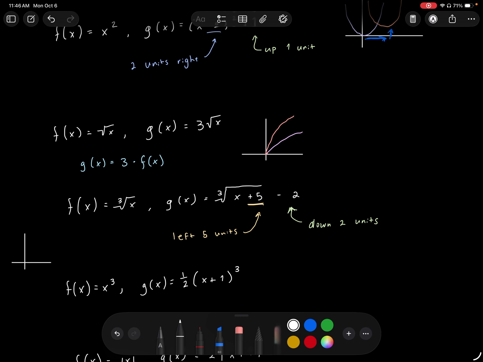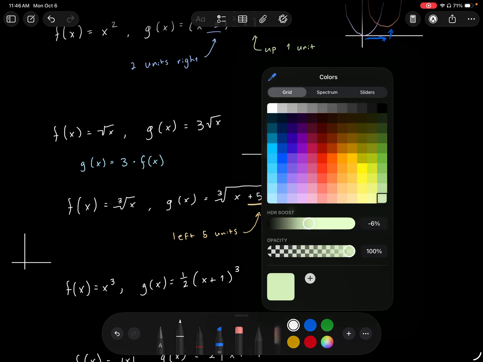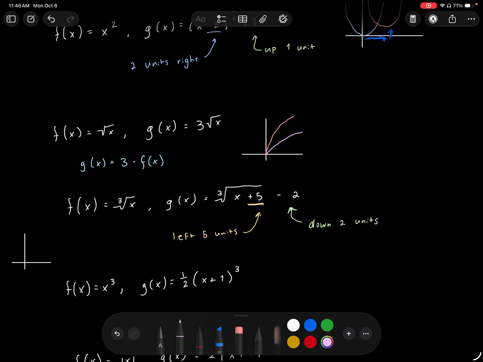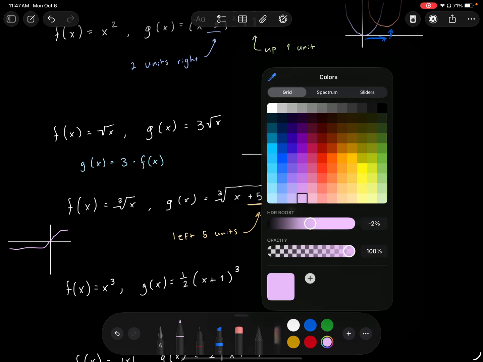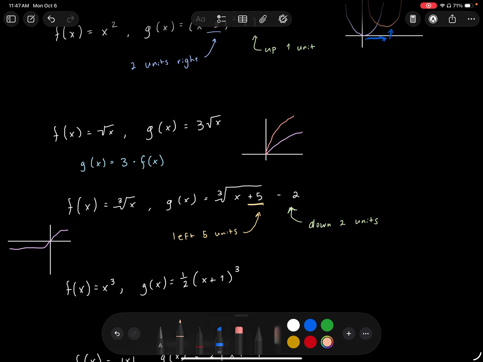Make it smaller, but on the graph here, you're looking at something like that as the original, and then our shifted one would be something like that. So to the left 5 and down 2.